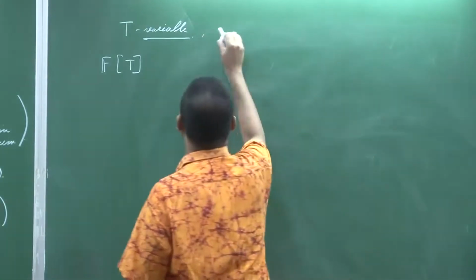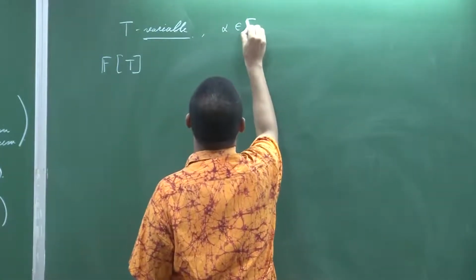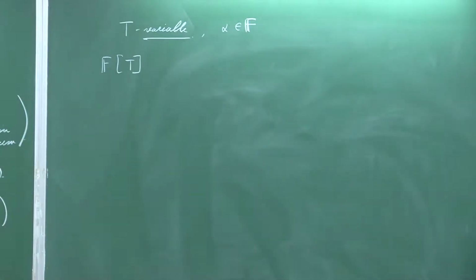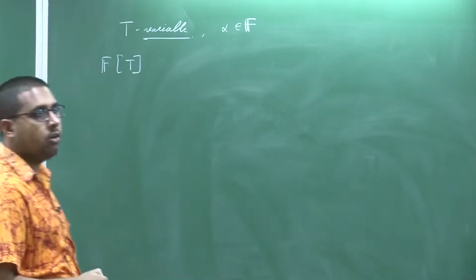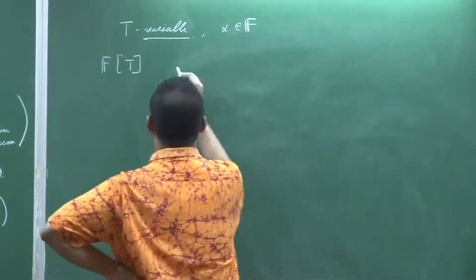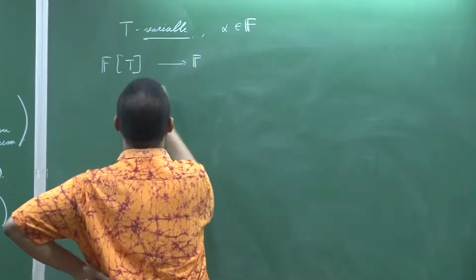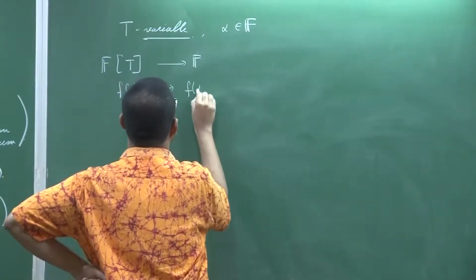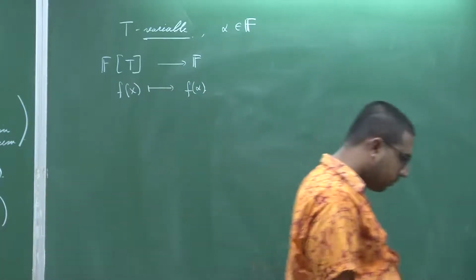Now fix any alpha in F, then we have a linear transformation from F[t] to F. Namely, a typical polynomial f(x) is mapped to f(alpha). Okay.